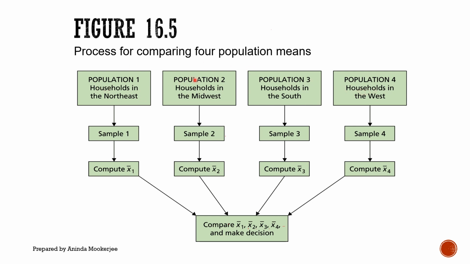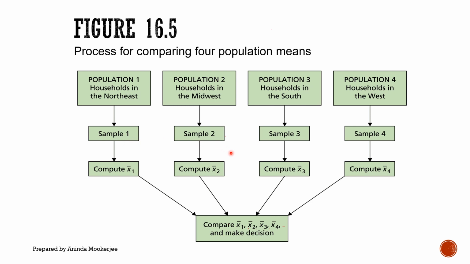From each of these populations located in different regions of the country, we select a sample of households. So the first sample comprises households in the Northeast, sample 2 households in the Midwest, and so on.